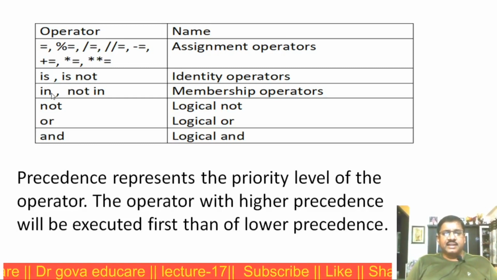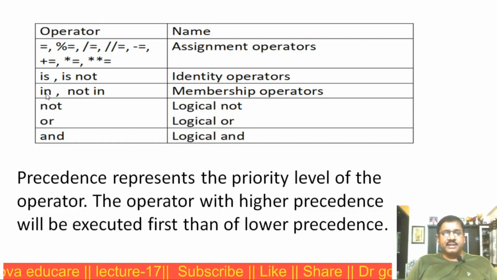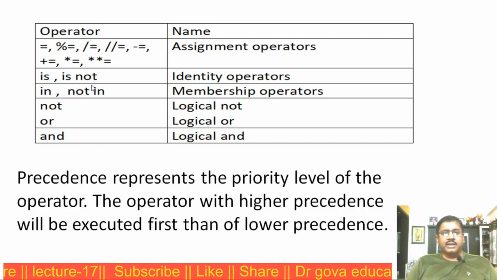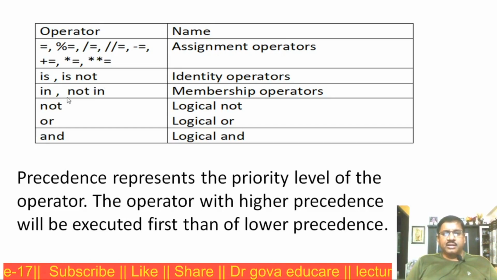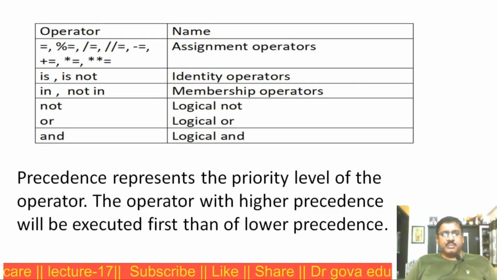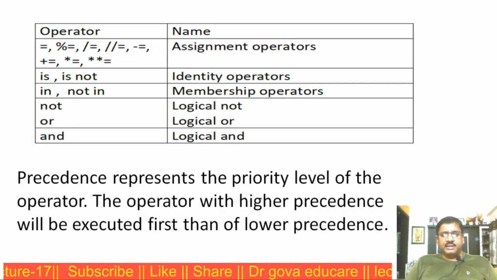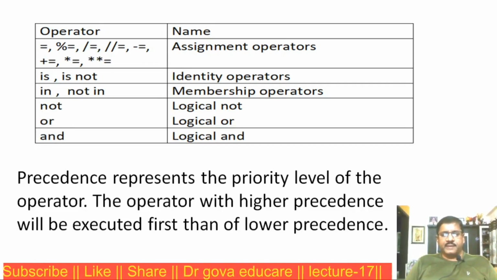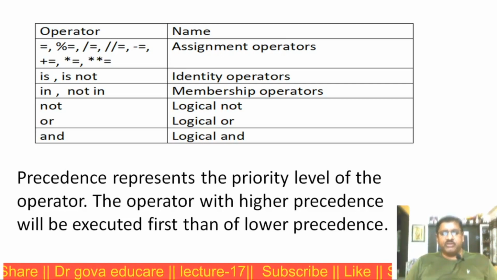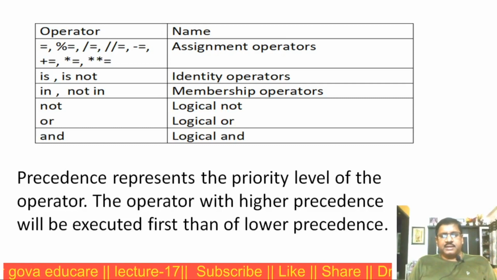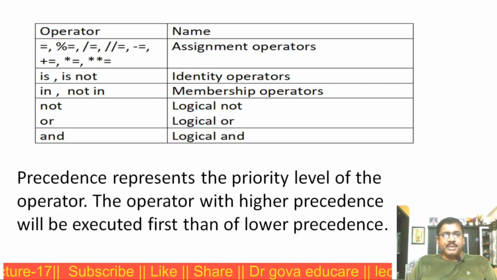The next membership operators, that is in, not in. Next logical not, logical and, logical or. Now the precedence represents the priority level of the operator. The operator with higher precedence will be executed first than the operator with lower precedence.